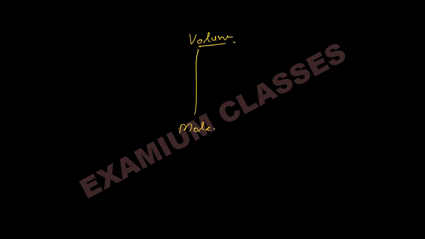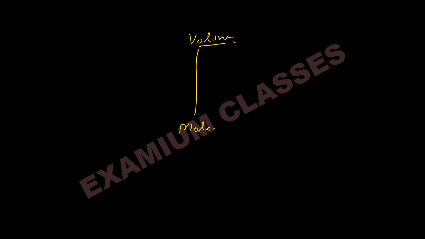All gases at the same temperature and pressure will have the same volume per mole. If the temperature and pressure is STP, then that volume will be 22.4 liter. Otherwise, it may be different at different temperature and pressure, but volumes of equal moles of gases will be the same. And that is basically the Avogadro law. Same volumes will have the same number of molecules.